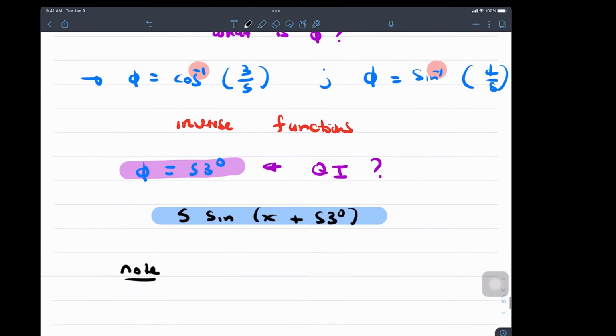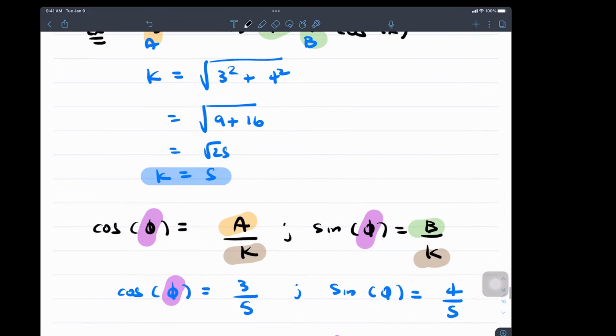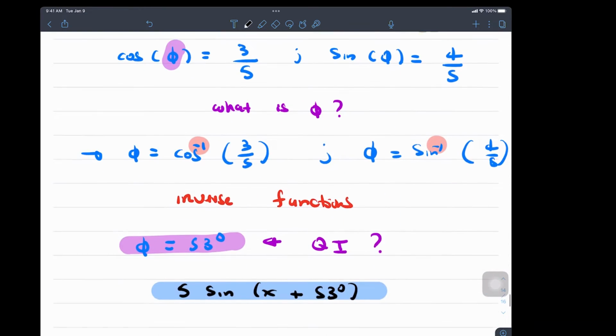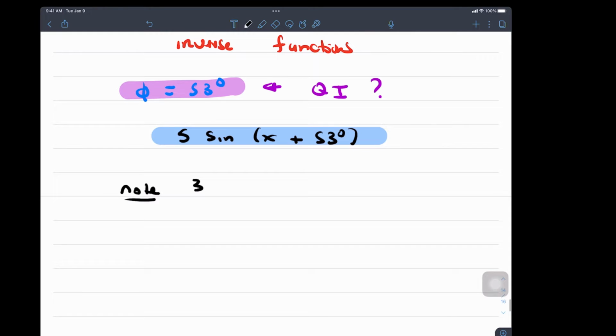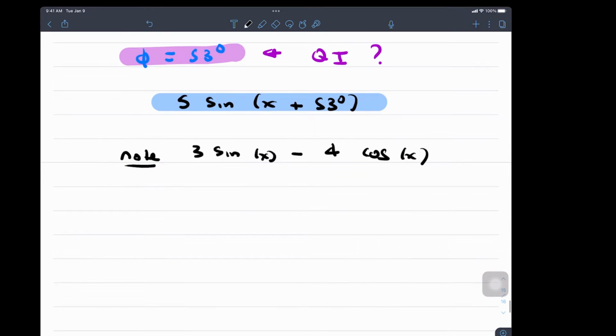And I want you guys to note something here. You said, what if they had given me 3 sine x minus 4 cosine x? Okay, this is a note. It's another example, but it's a note.